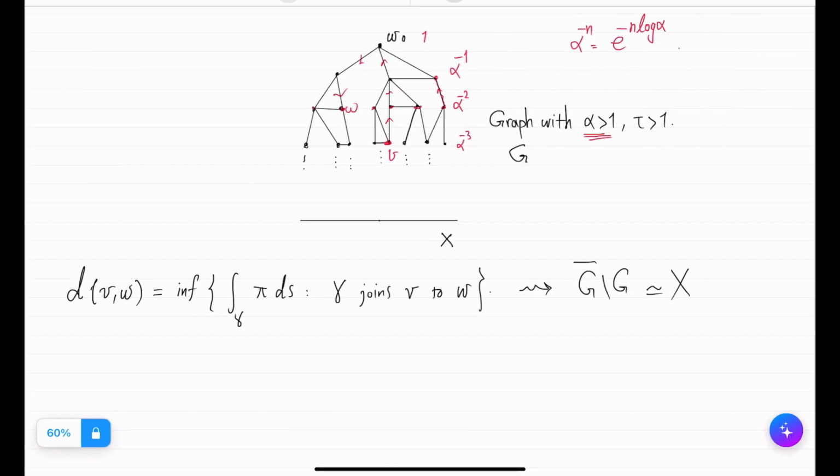This G is not complete, so we take the metric completion and then we take the original graph out of it.